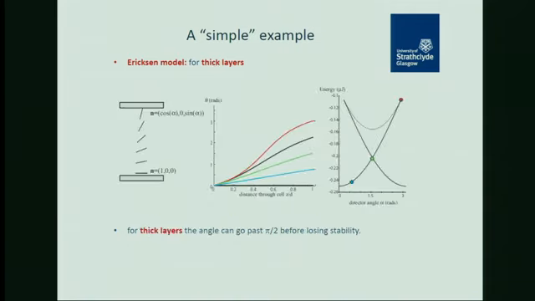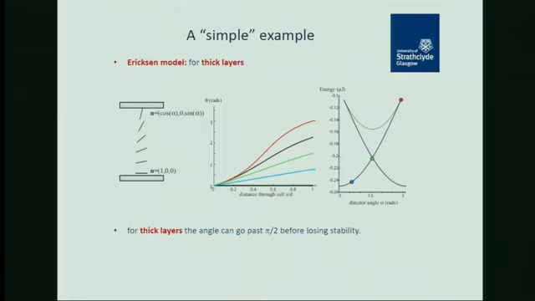For a thicker layer, where my distance here is thicker, I'm allowed to have more elastic energy, and as I increase it, I'm allowed to have more distortion. My distortion goes past what was a critical value of director angle, pi over 2, but eventually this branch of solutions loses stability.